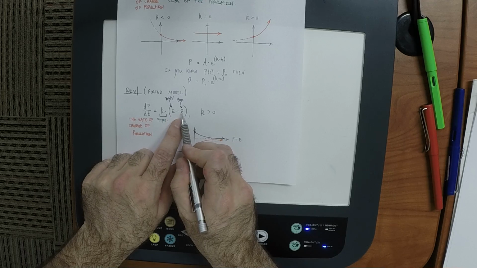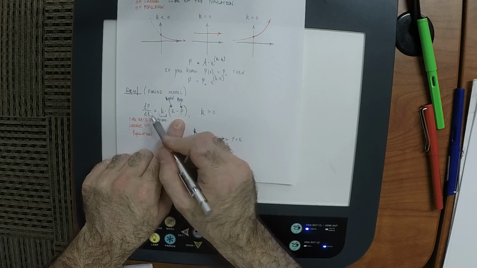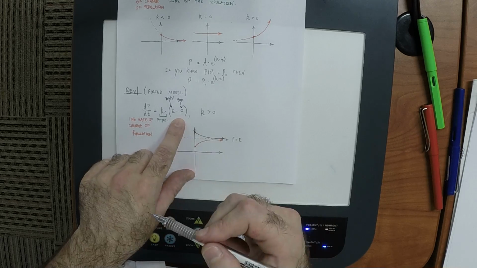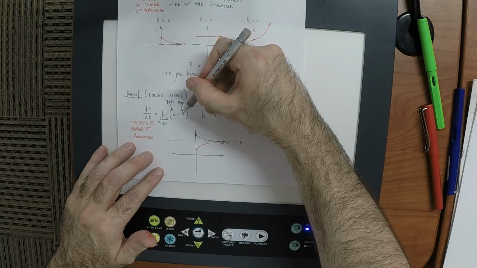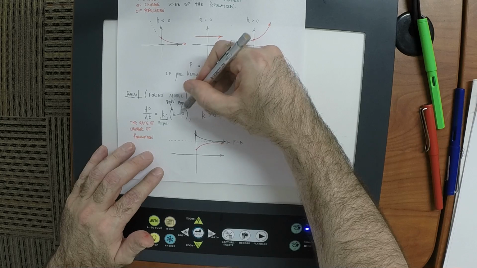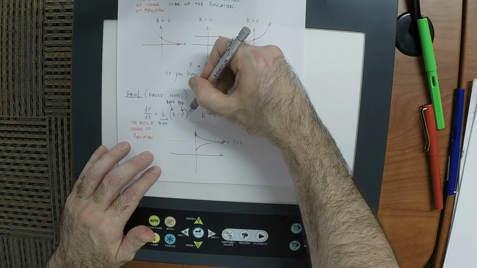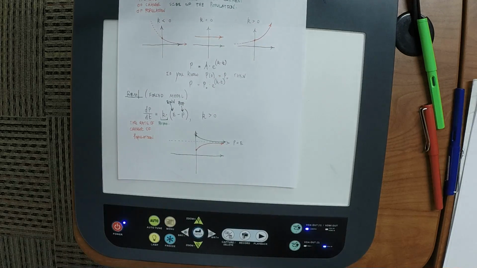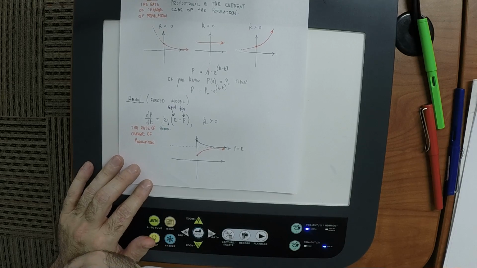So if P is too low, that means E minus P will be positive, K is positive, so the change in temperature will be positive, so we'll warm up. Whereas if you're too hot, which is to say P is more than E, then that difference will be negative, so that product will be negative, and the temperature will decrease, like this. Very good.